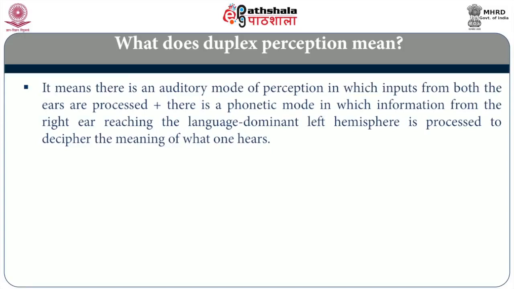But there is a phonetic mode which is language specific, and that information is processed better from the right ear. Why right ear? From the right ear, it goes straight to the left hemisphere. In the majority of people, speech and language is understood and processed by the left hemisphere. So, the information received is processed like speech, made sense of like language. So, that mechanism is there. At the same time, we can also hear those sounds like that. So, this is what is called duplex perception.